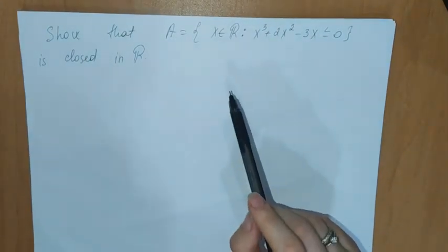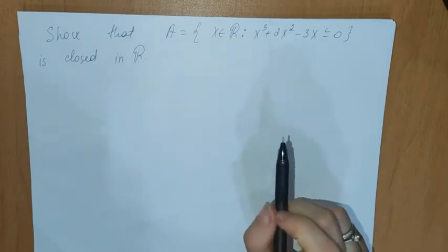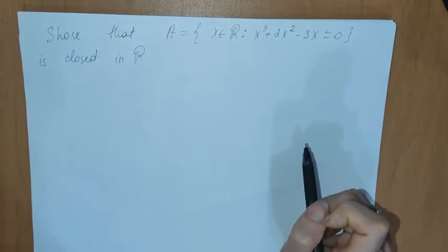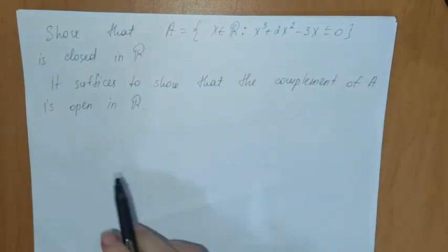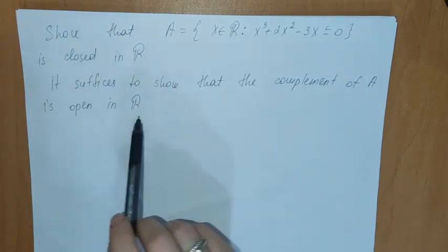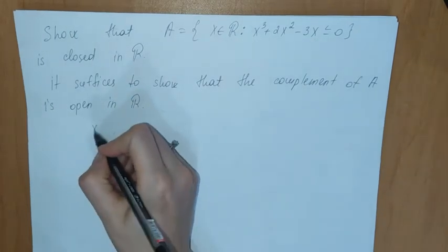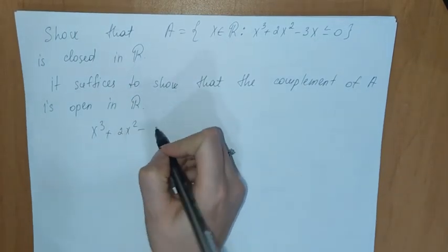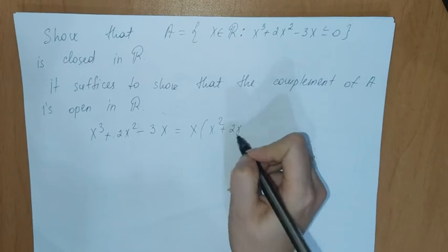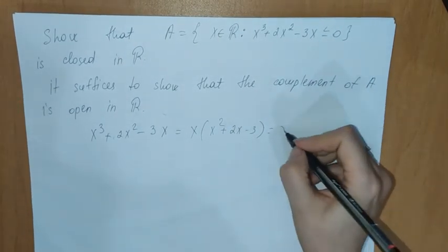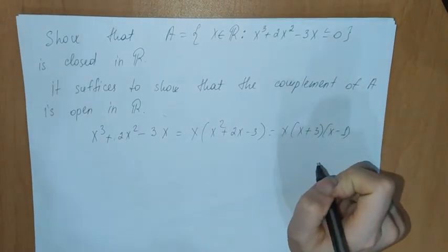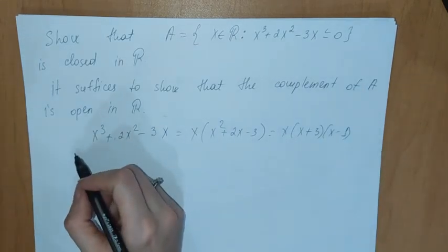It suffices to show that the complement of A is open in R. Since x cubed plus 2x squared minus 3x is equal to x times (x squared plus 2x minus 3), and this is equal to x times (x plus 3) times (x minus 1).